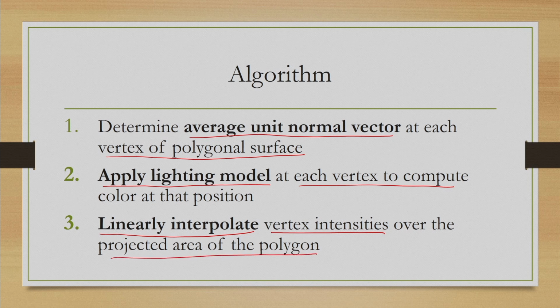So, there are three steps. In the first step, we compute the average unit normal vector. In the second step, we compute color at the vertex positions by considering the average unit normal vector, and in the third stage, we linearly interpolate the color that we have computed at the vertices of the surface to assign color to other pixels that are part of the surface.